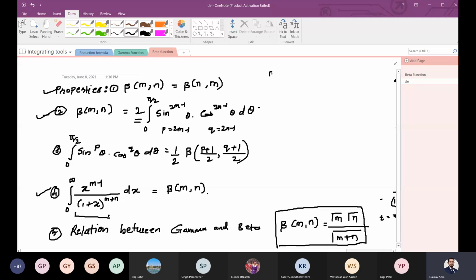Just for the purpose of an example, what I can do is evaluate the integral 0 to 1 x cube 1 minus x raised to 4 dx. What is this?